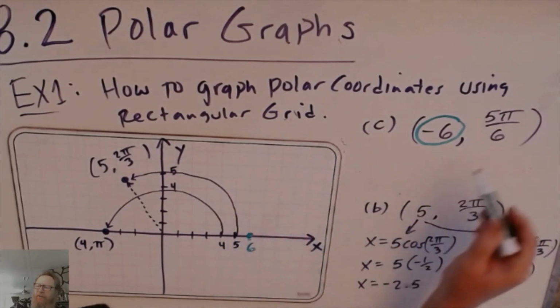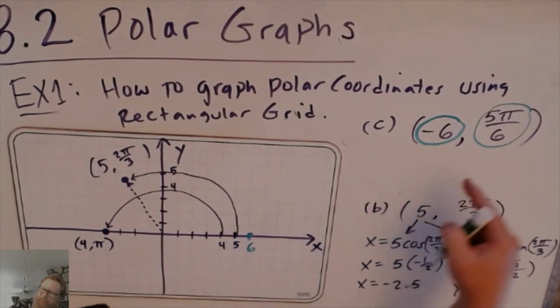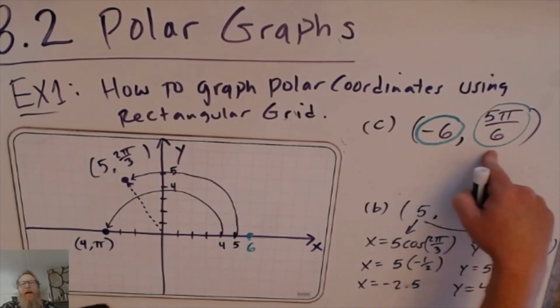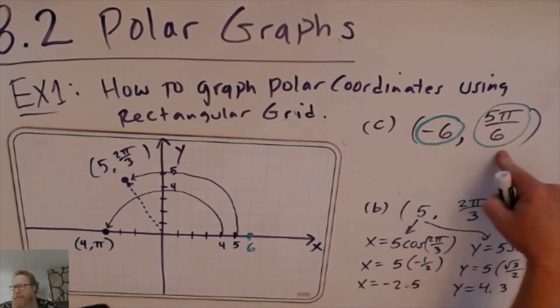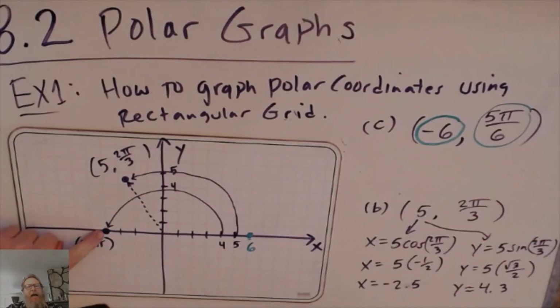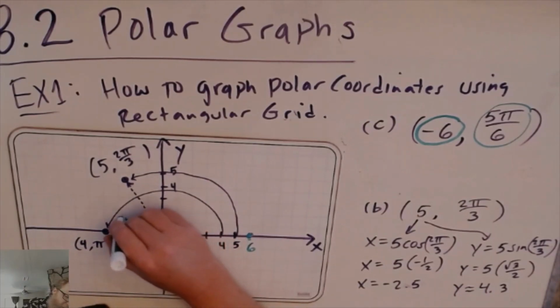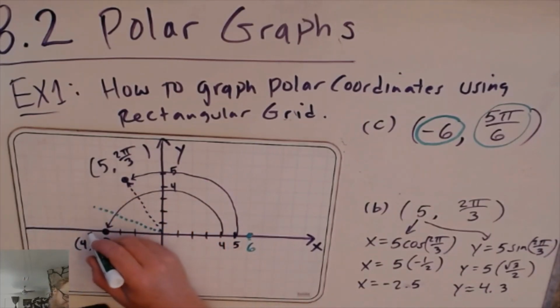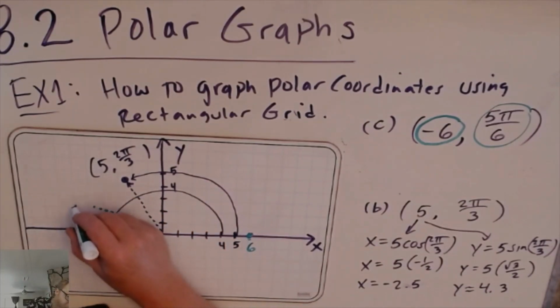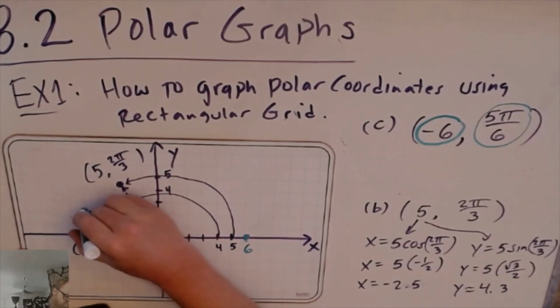Then you're going to do the angle of 5 pi over 6. Remember, 6 pi over 6 is the same as pi. So 5 pi over 6 is 30 degrees from the negative x-axis, so right about here.